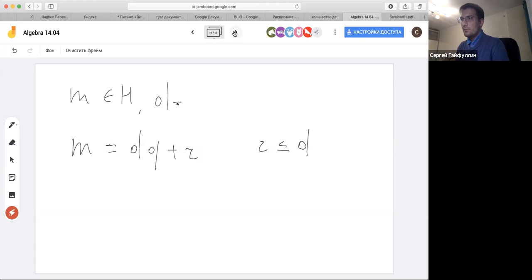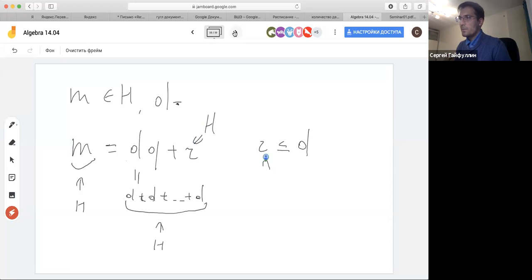But this guy belongs to H. This guy is equal to D plus D many times, and each D belongs to H, so it belongs to H. And R is the subtraction of M and DQ, so this belongs to H. And this is a contradiction with the definition of D, because D is the minimal element of H, but R is not bigger than D. I'm sorry, it is just smaller than D. So we have a contradiction.